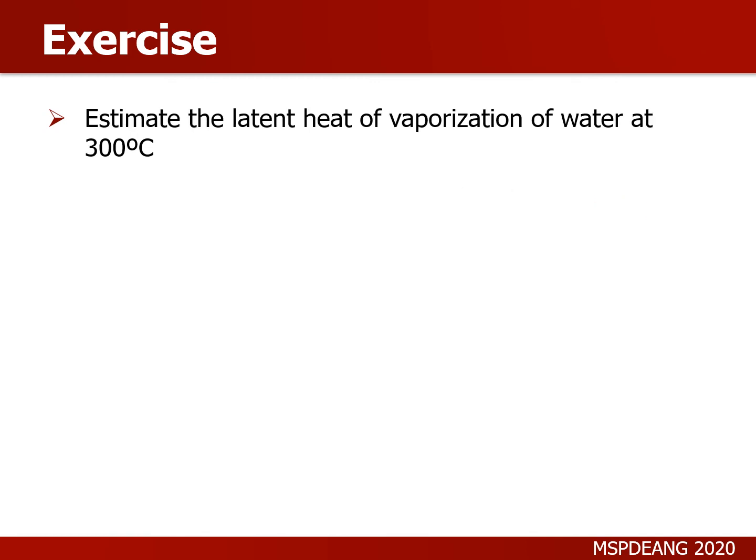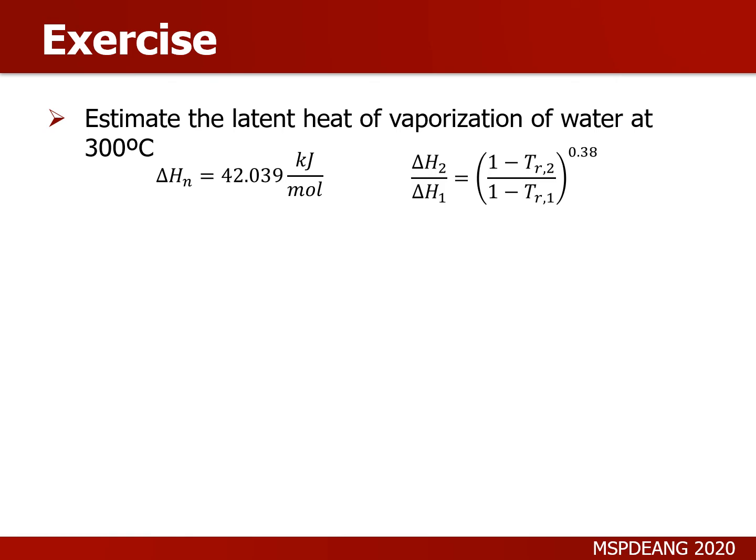Okay, next naman, what if we want to estimate the latent heat of vaporization of water now at 300 degrees Celsius? So in order to do this, we can make use of the Watson correlation. So we have previously obtained the normal heat of vaporization using Riedel. Assume wala muna tayong steam table. And using Watson equation, okay, so alam na natin yung critical temperature. So we can set either one of these to be state 1.